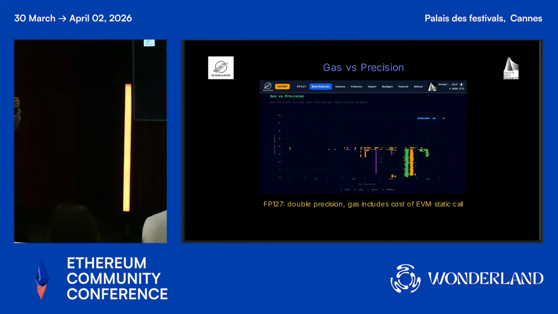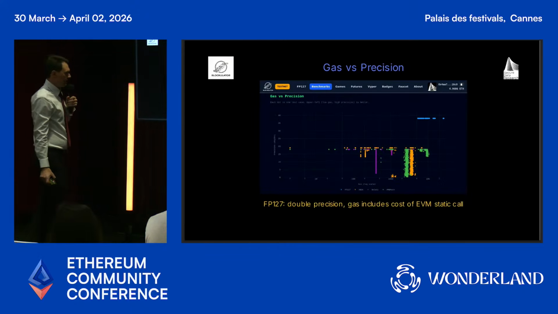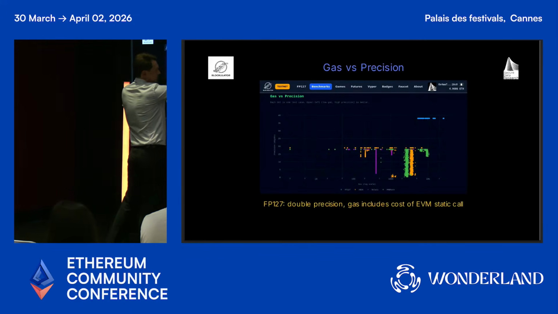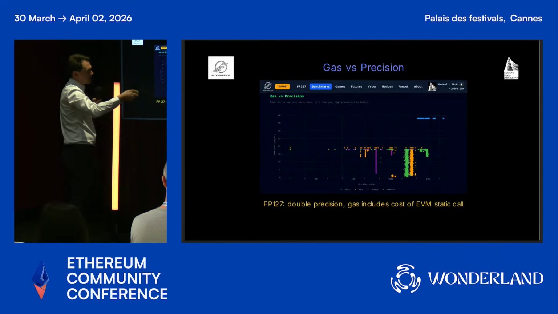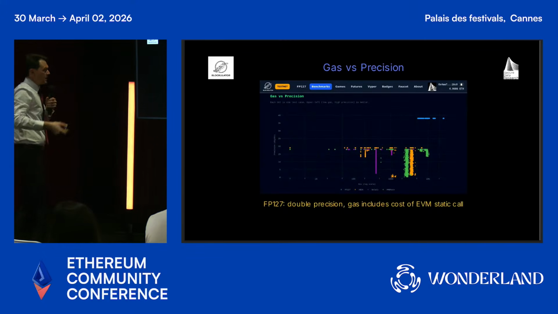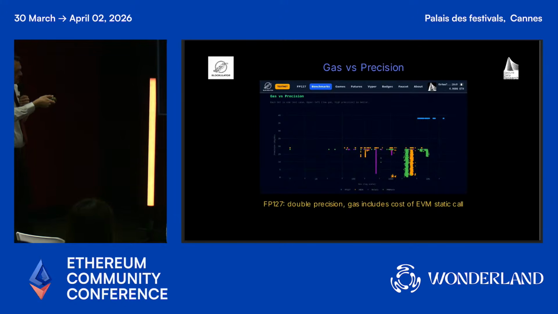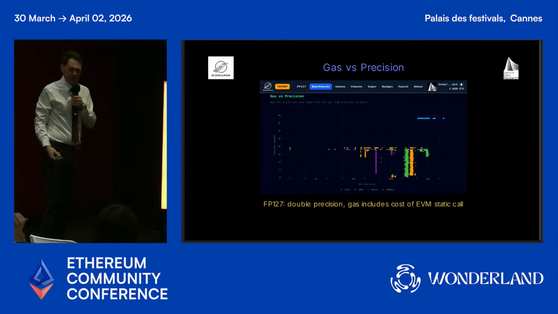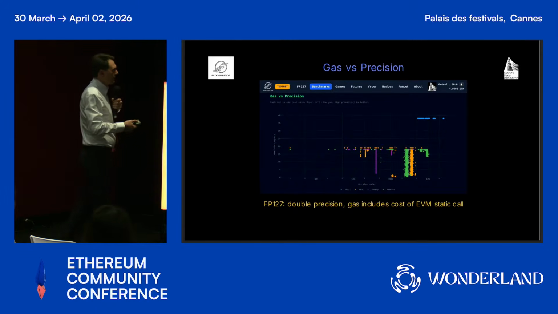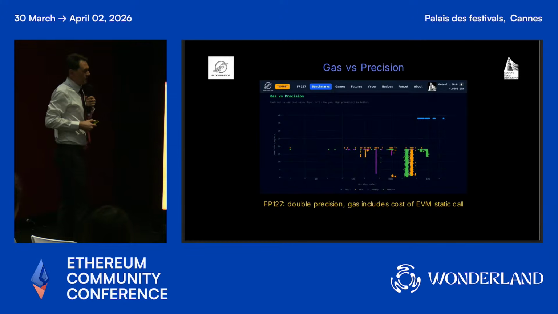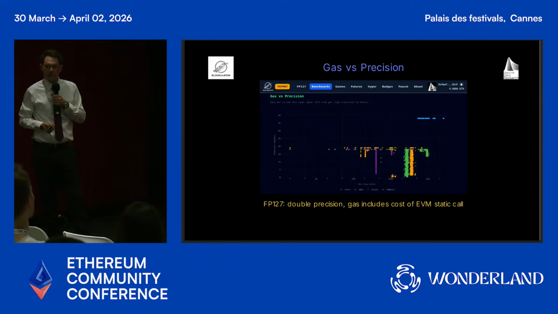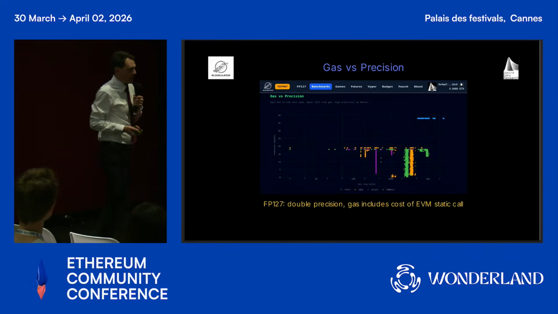So gas versus precision. This graph is a little bit strange because fixed point 127, which is over here, contains the cost of static calls because it is a contract and not like a pure math library. This is the result of 41,000 different fuzz tests across all of the functions that are available for all of these libraries, given in the format that they like.